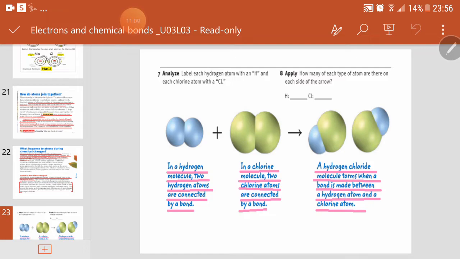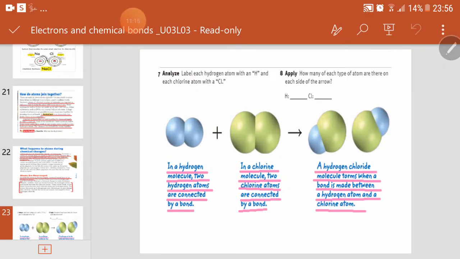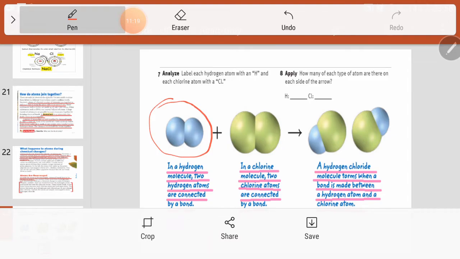Here we can see that we have a molecule of hydrogen. I told you previously that all of the gases exist as molecules of 2 atoms from the same gas. That's why we see H2, O2, Cl2, which is the chlorine gas. All of these are gases.